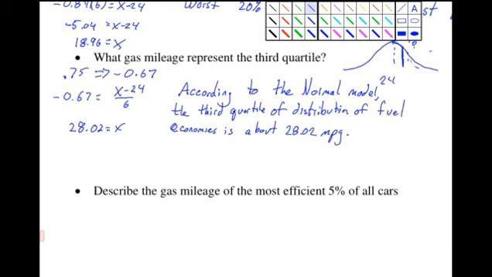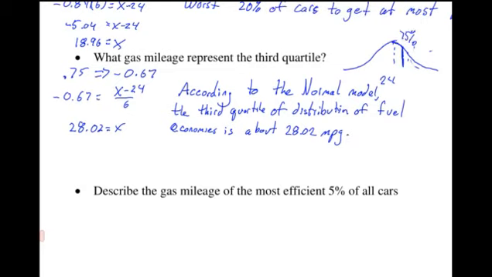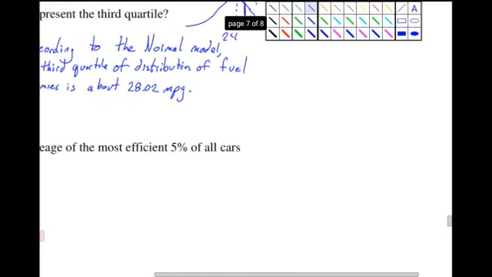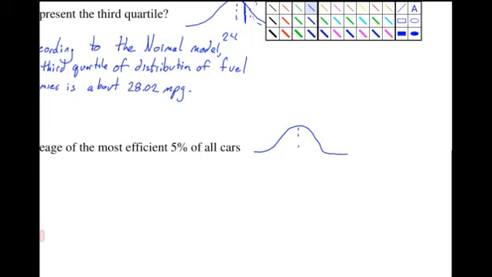Describe the gas mileage of the most efficient 5% of all cars. And guess what the first thing we want to do is? Sketch a picture. Again, there's my 24, and 30 is about one standard deviation.